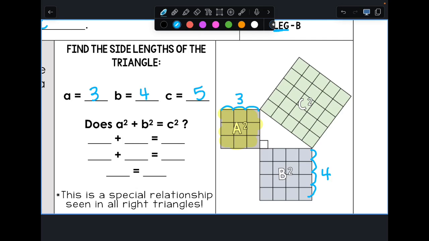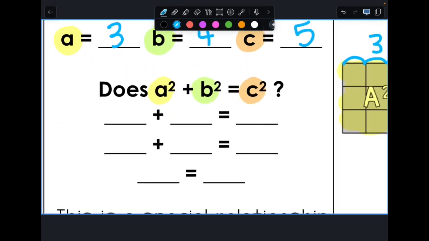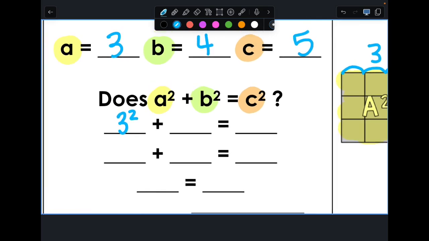So now we get to see the Pythagorean theorem in action. We substitute A for A, B for B, and C for C. So instead of A squared, we write 3 squared. Instead of B squared, we write what? 4 squared. And instead of C squared, we write 5 squared.